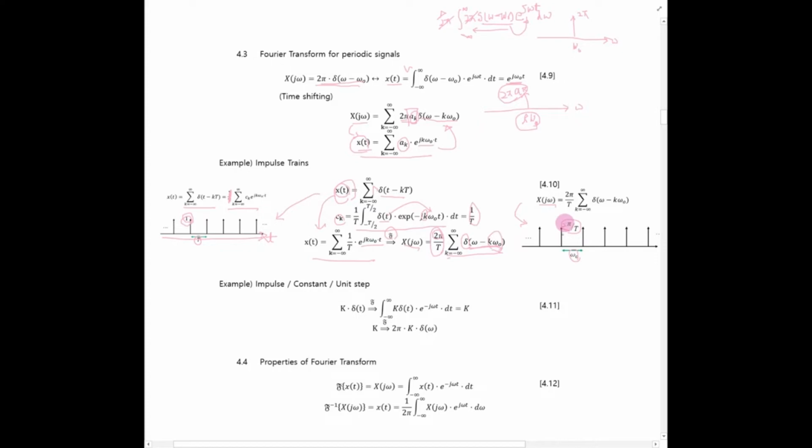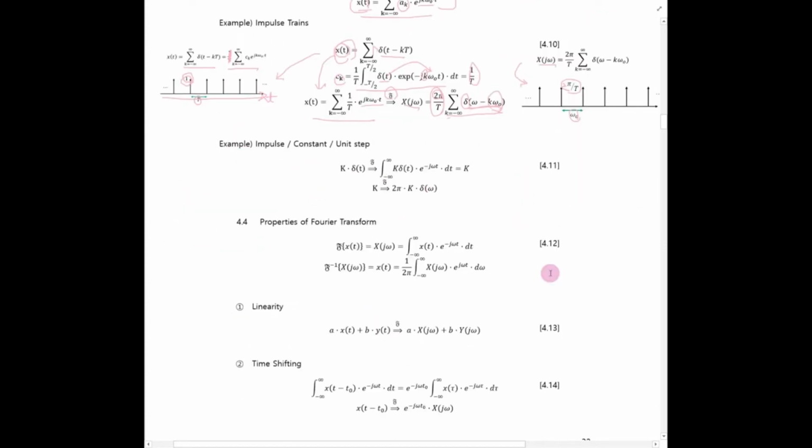Okay, and here is another example. If in the time domain it is an impulse, this is time and the signal is an impulse with magnitude k. Taking the Fourier transform, then in the frequency domain it's a constant k.